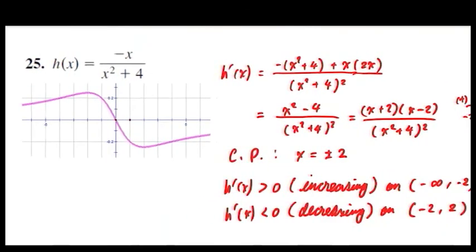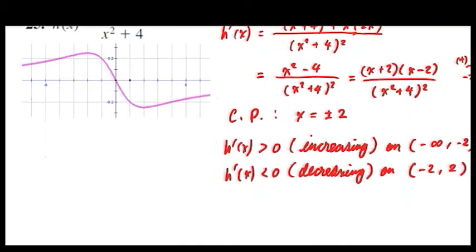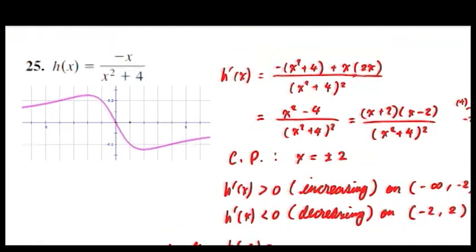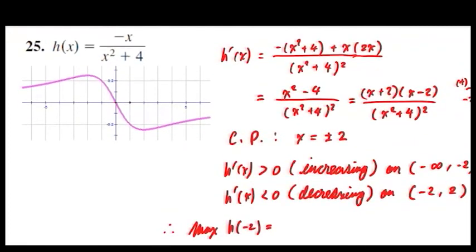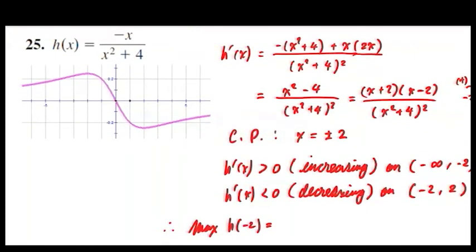So now we can say, therefore, max at h of negative 2. What do we get? Somebody calculate negative 2 in there for me. I think it's 1/4. H of 2, this is 1/4. And this, of course, is the negative 1/4, isn't it?